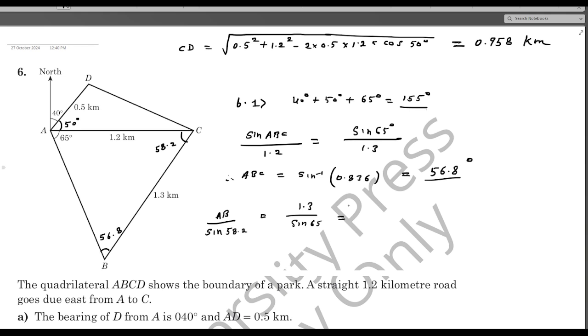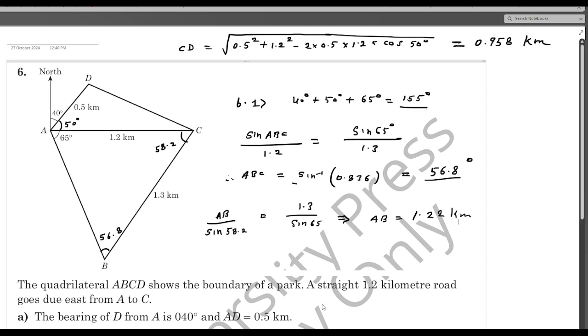So AB is equal to 1.3 divided by sine of 65 multiplied by sine of 58.2. So 1.22. AB is 1.22 kilometer. So length of AB we get as 1.22 kilometer.